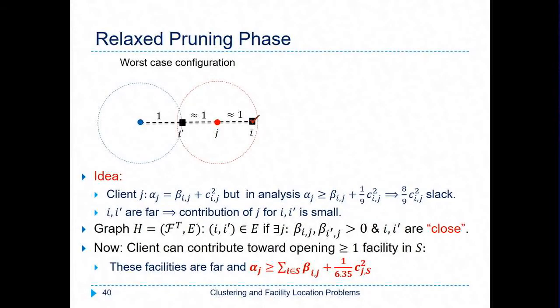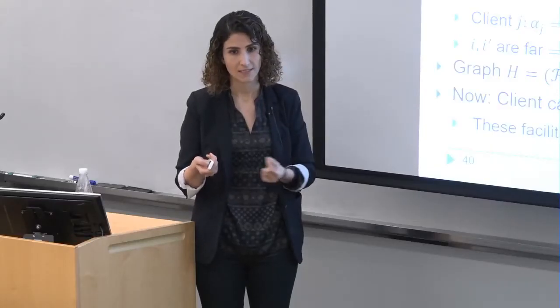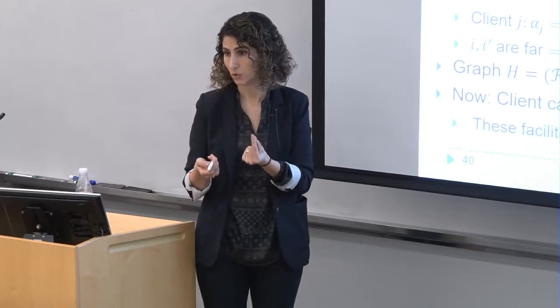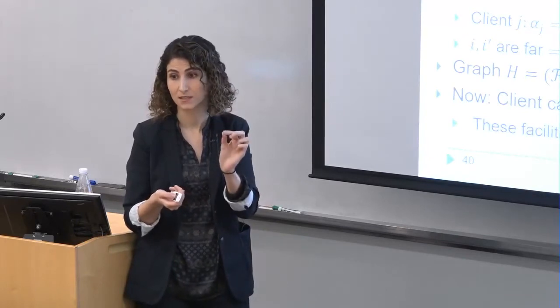And now the idea is that in the new analysis, when we pick an independent set, it doesn't necessarily mean that each client is contributing toward opening of at most one facility. Okay, because it's possible that there's no edge between two facilities, but there's a client that contributes to both of these facilities.